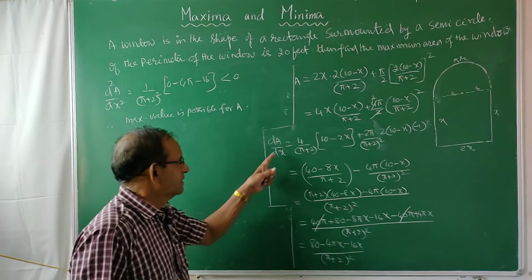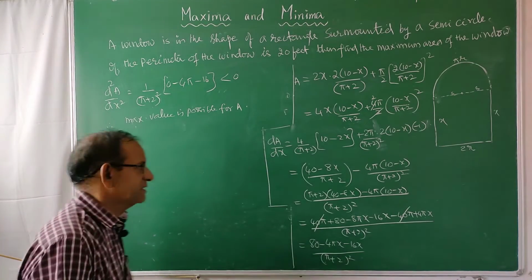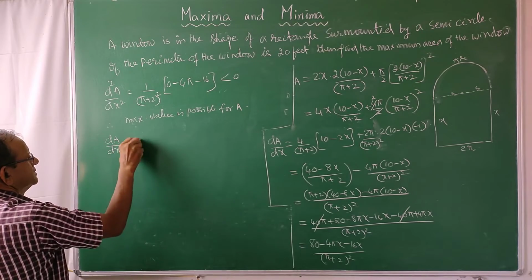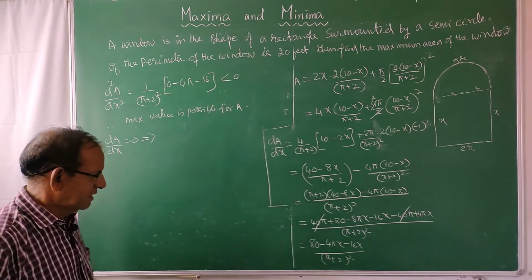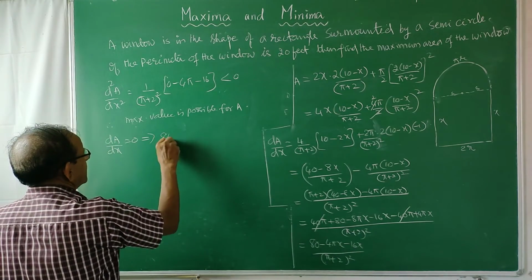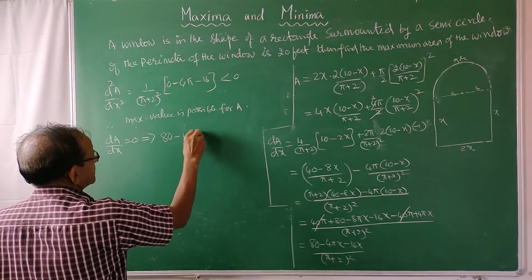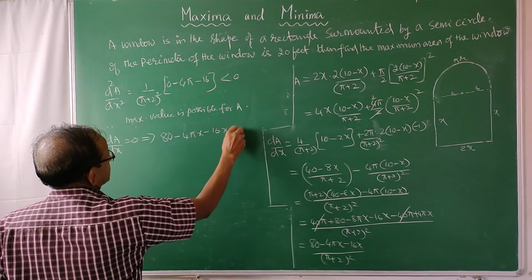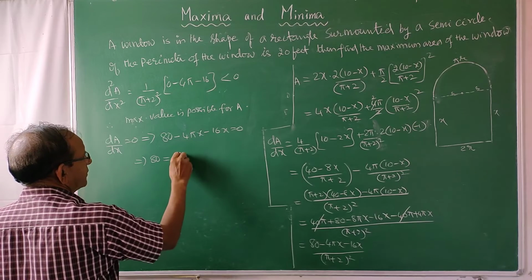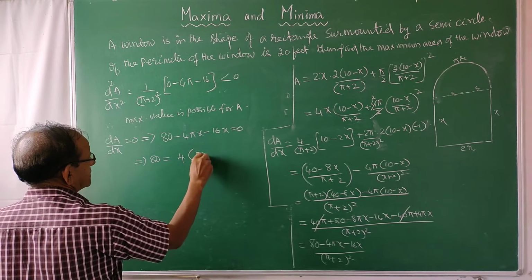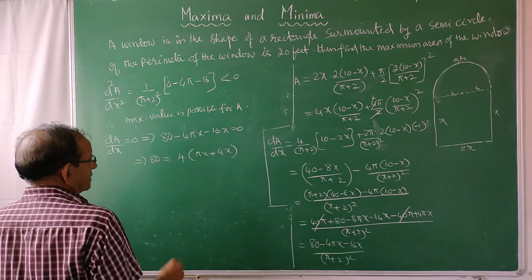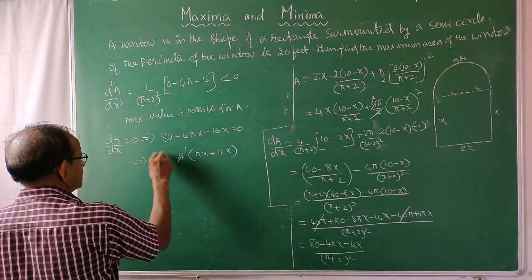For that we have to take dA by dx is equal to 0. dA by dx is equal to 0 implies, this is a fraction, numerator must be 0, implies 80 minus 4 pi x minus 16x must be 0. That implies 80 is equal to, take 4 common, (pi x plus 4x). So you can cancel 4, 1s are 20.